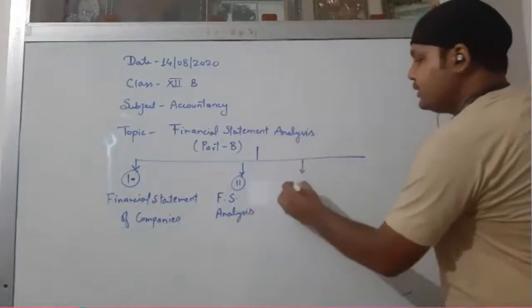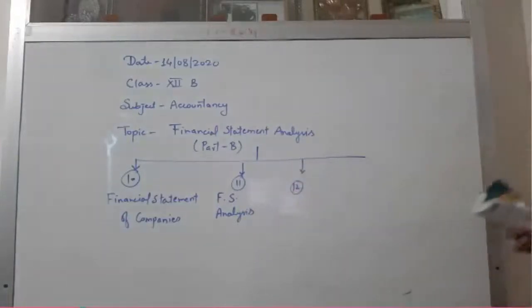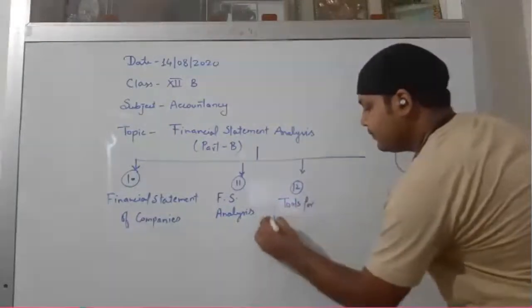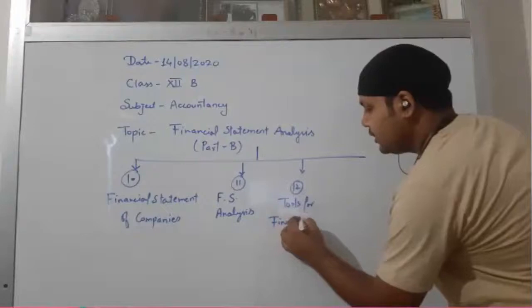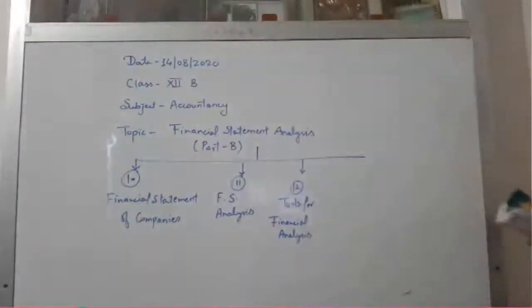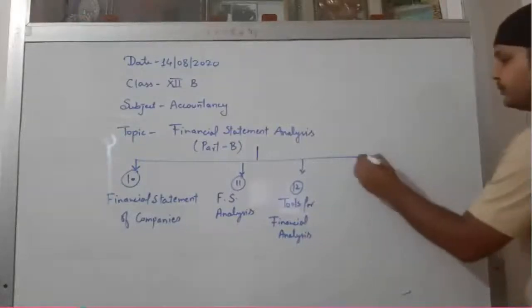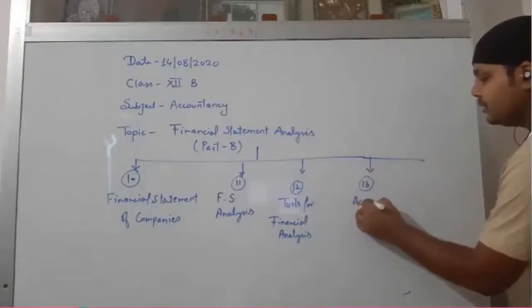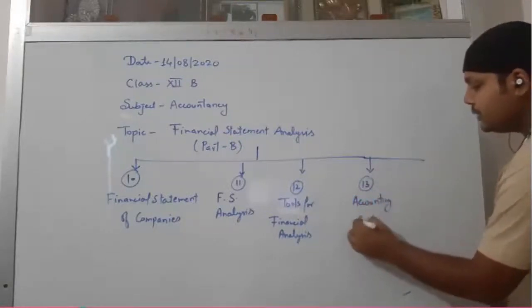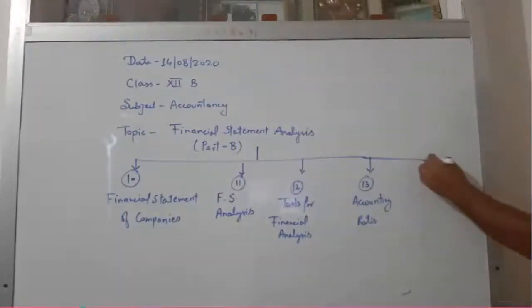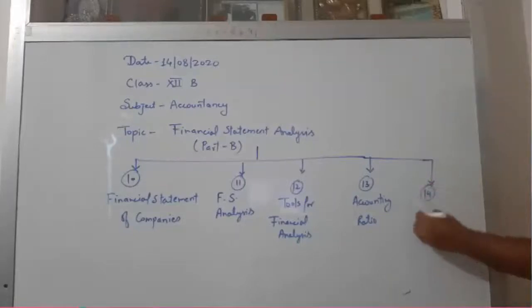Chapter number 12 is tools for financial analysis. And chapter number 13 is accounting ratio. And last but not the least, a very important chapter of Part B, is the cash flow statement.